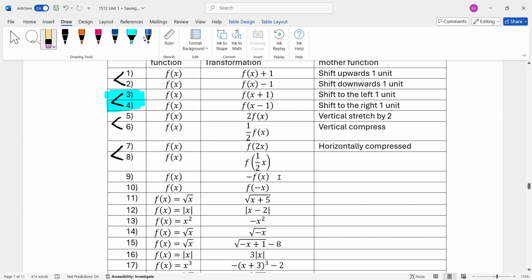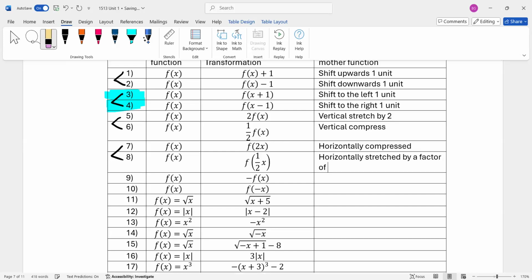And similarly, if you multiply x by a positive number less than 1, you know what happens to the graph? Horizontally stretched by a factor of 2. Same idea. Again, in this case, this is the machine, machine F. You want to have the same output.